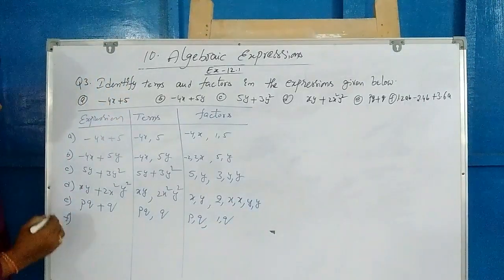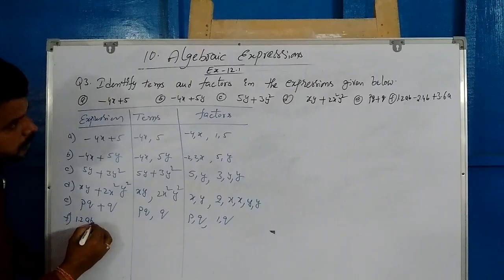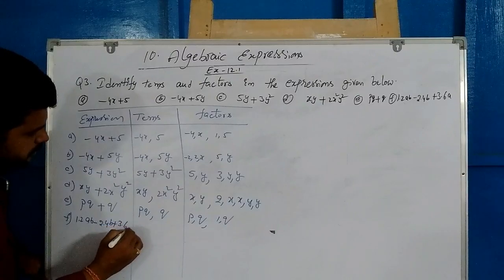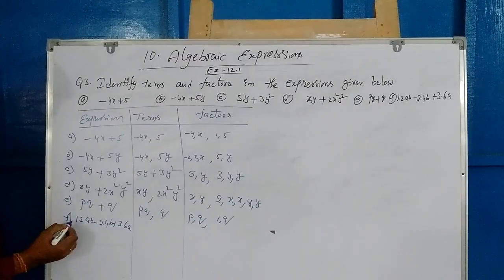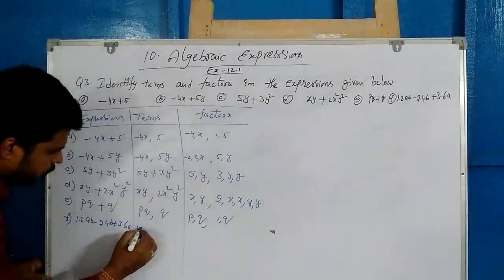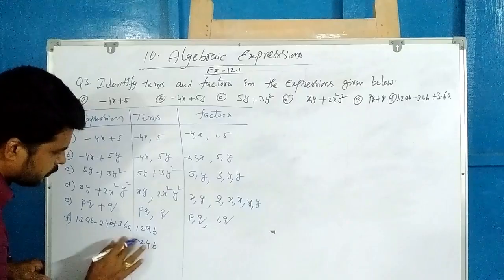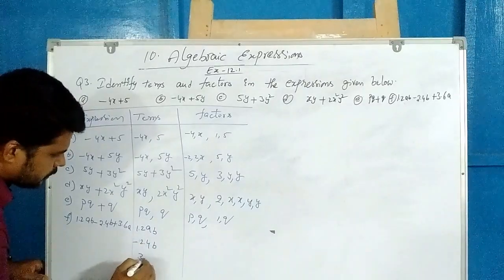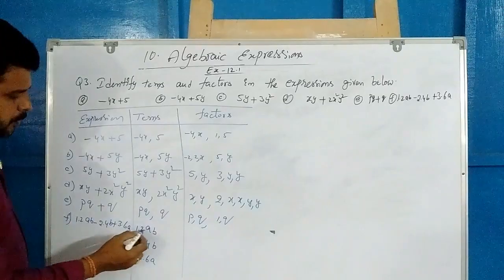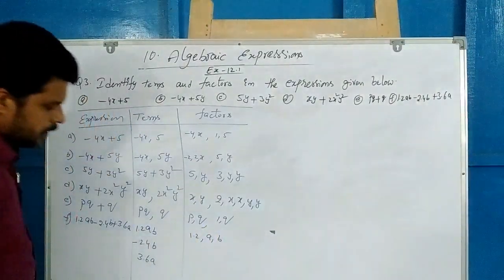So last one, 1.2ab minus 2.4b plus 3.6a. How many terms do we have? 1, 2, 3: 1.2ab, minus 2.4b, 3.6a. Now 1.2ab, what are the factors? 1.2, a, b.